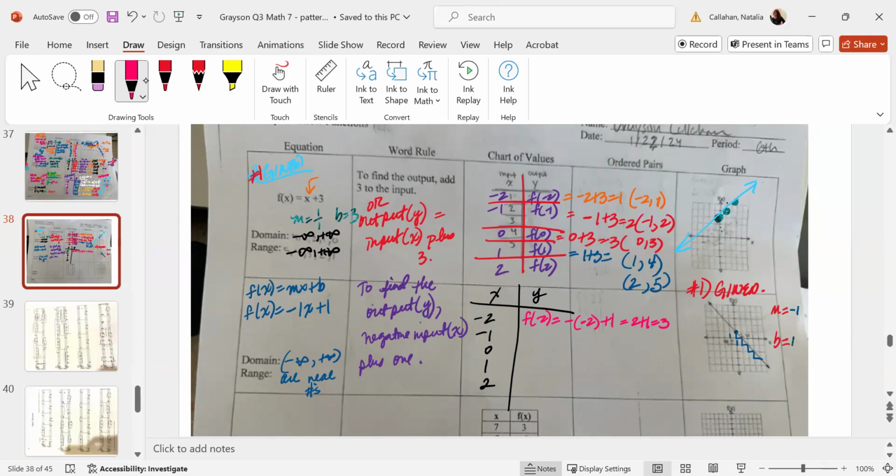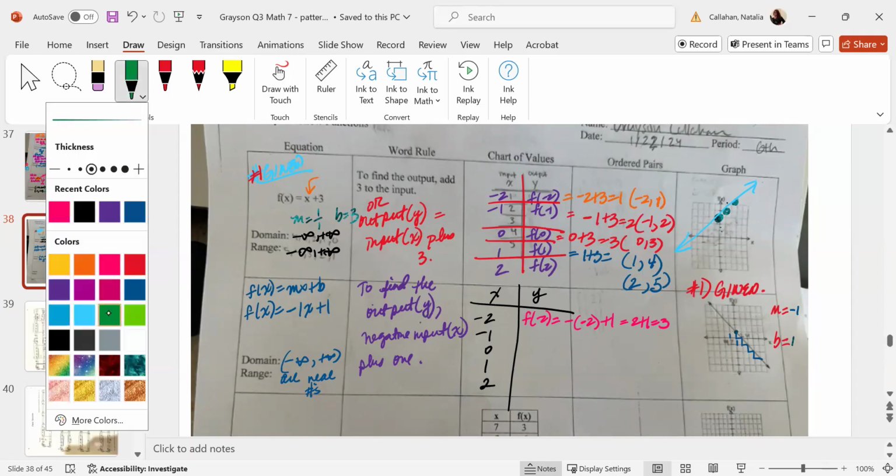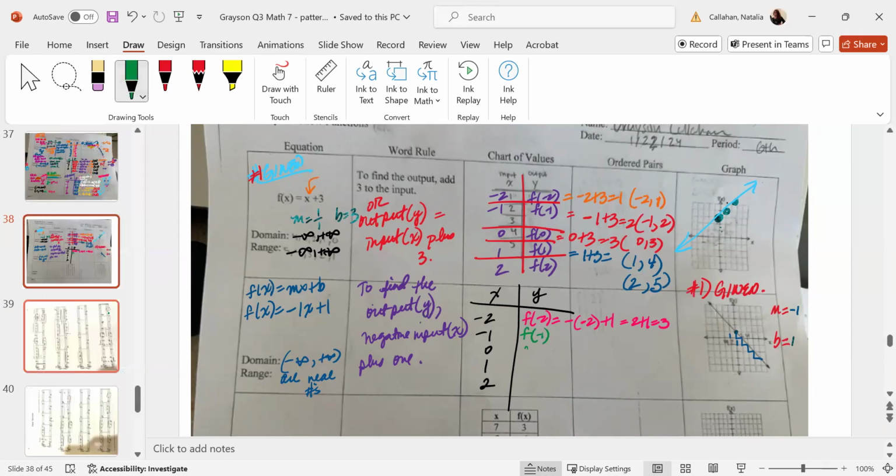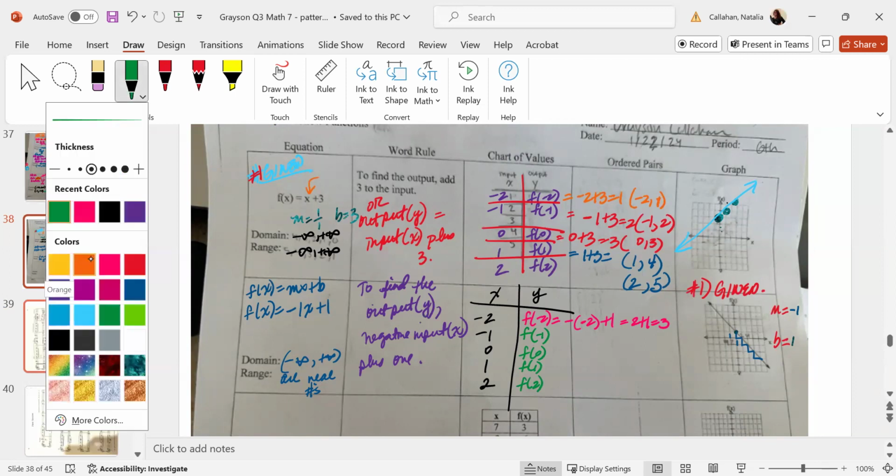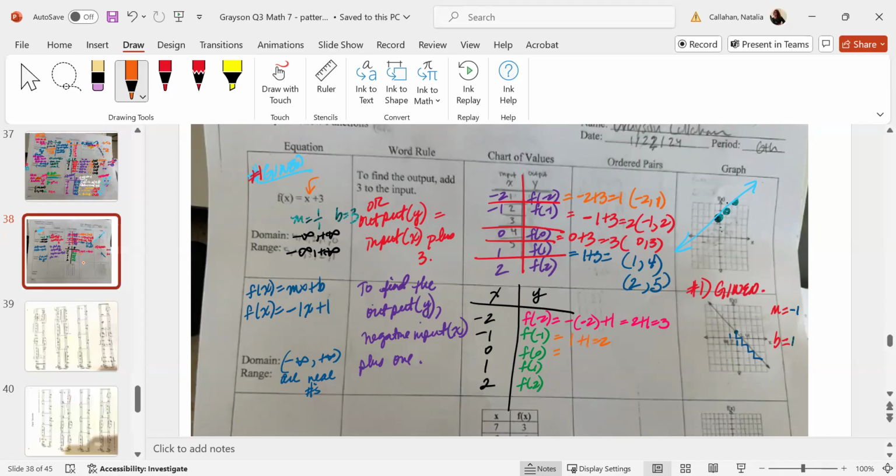All right, did you fill in all the rest of these? f of negative 1, f of 0, f of 1, f of 2. 1 plus 1 is a 2, 0 plus 1 is a 1. Negative 1 plus 1 is a 0. Negative 2 plus 1 is a negative 1.